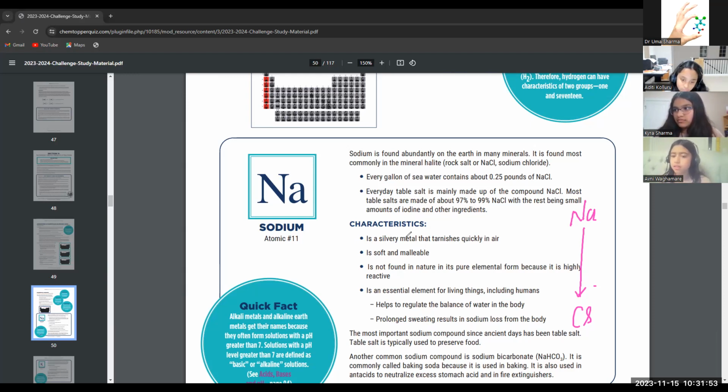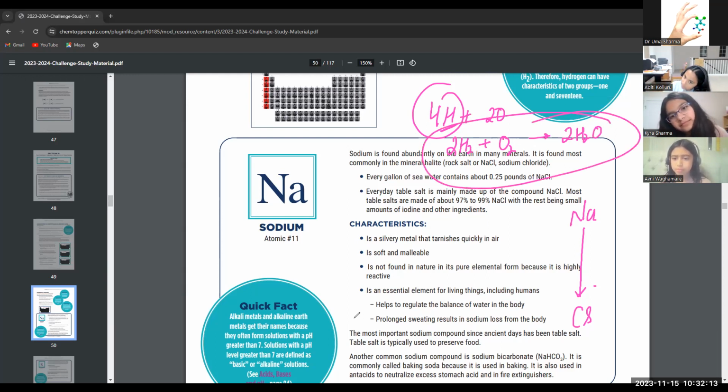Yes, 2 water. But you are not going to put 4 hydrogen or 2 oxygens, because what exists is H2. So you take 2 molecules of H2 and 1 molecule of O2, which will give you 2 molecules of water. You have done the balancing of equations.